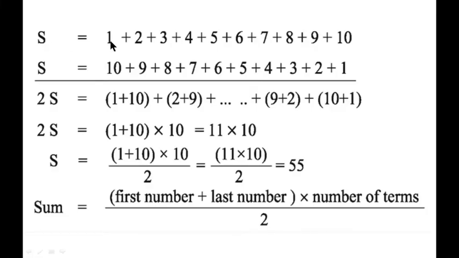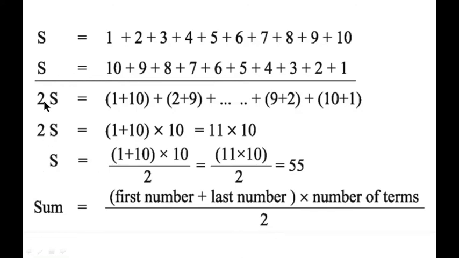Suppose S is equal to 1 plus 2 plus 3 plus 4 plus 5 plus 6 plus 7 plus 8 plus 9 plus 10, and another S is equal to the same but from greater to smaller. And if we add 1 and 10, it will be 1 plus 10, here 2 plus 9, 3 plus 8, like this. So if we make pairs, we get 10 pairs.